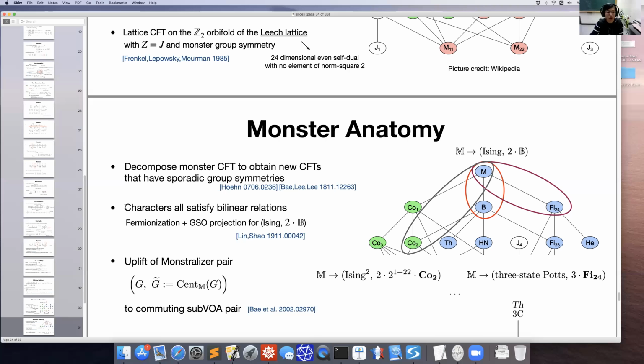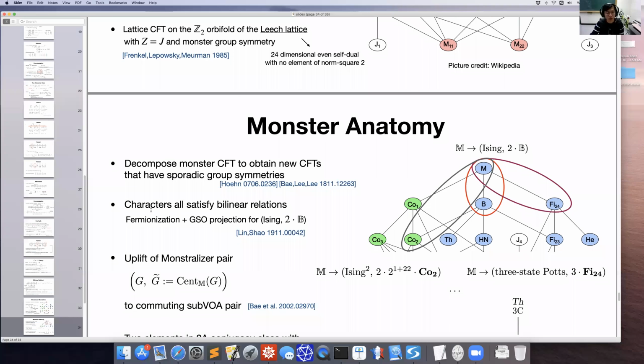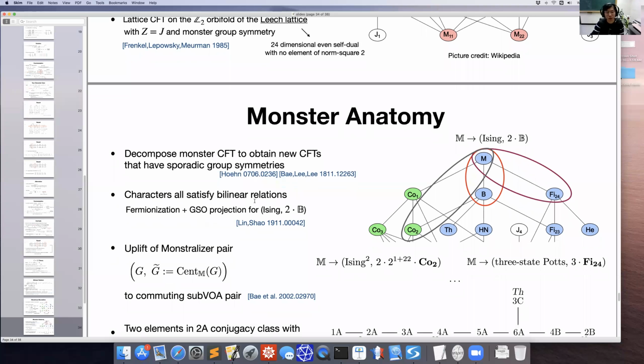And then an important clue is that the characters satisfy bilinear relations. And as a side remark, for this pair, Ising and baby monster, in a recent paper, they understood this bilinear relation in terms of fermionization and GSO projection.